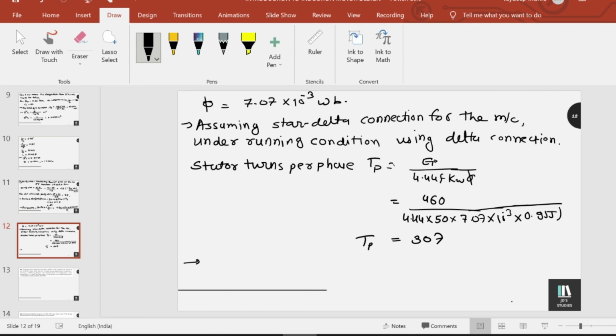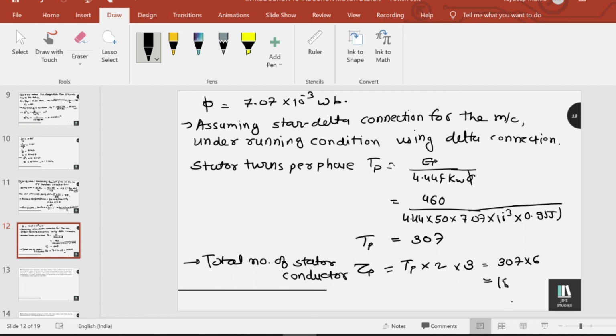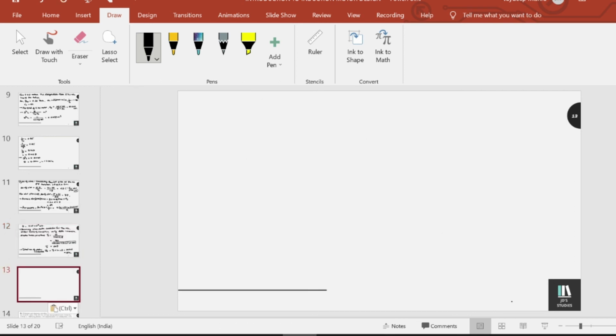So the total number of stator conductors, ZPH. What is Z? TPH multiplied by 2, and we have 3 phases, so 307 multiplied by 6, we have 1872, which is the total number of stator conductors. Now we will find the number of conductors per slot.